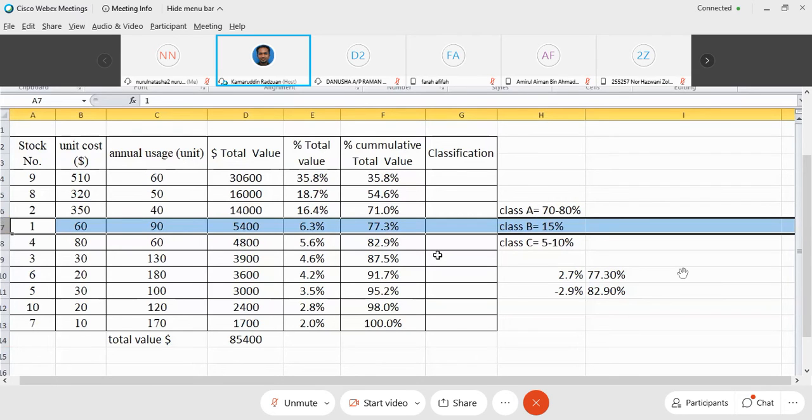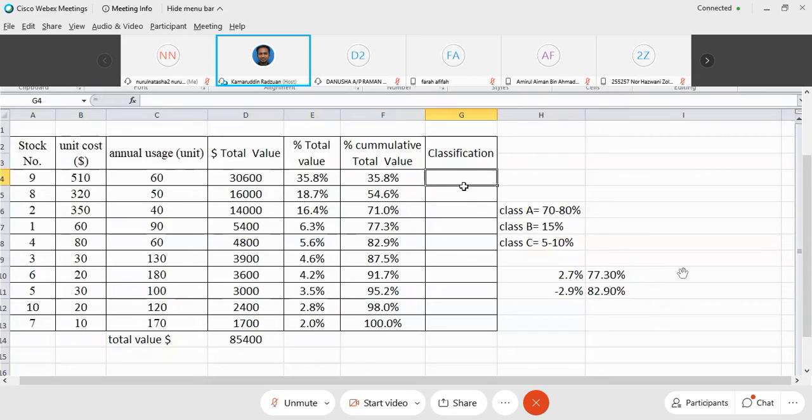So my guessing is wrong, that part number 4 is approximate to the 80%. Compared to part number 4, part number 1 is more approximate to the 80%. So we decide that stock number 9, 8, 2 and 1 will be included as a class A item.